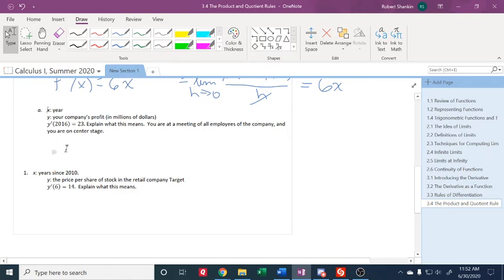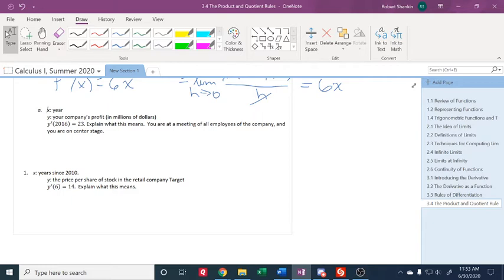So let's go. All right. So then we have Y prime at the year 2016 is equal to 23. Explain what this means.